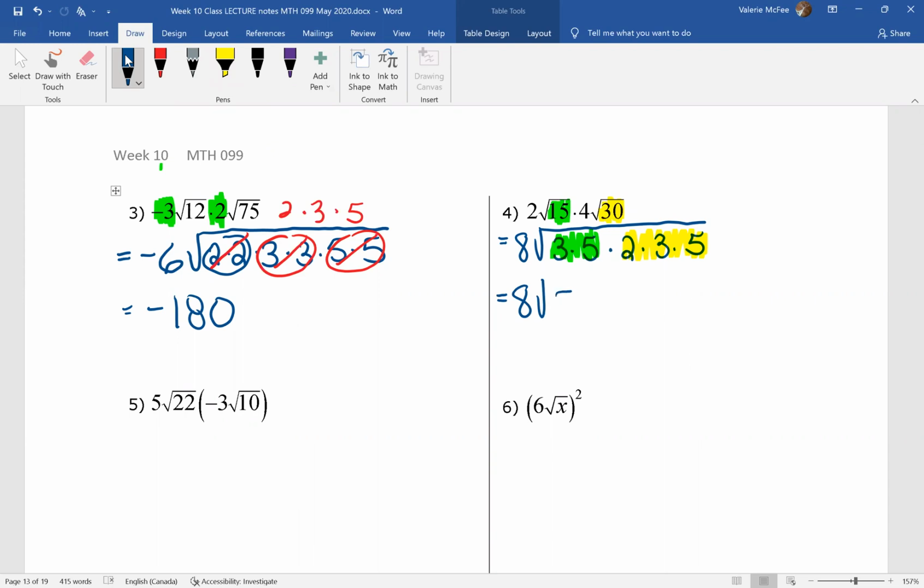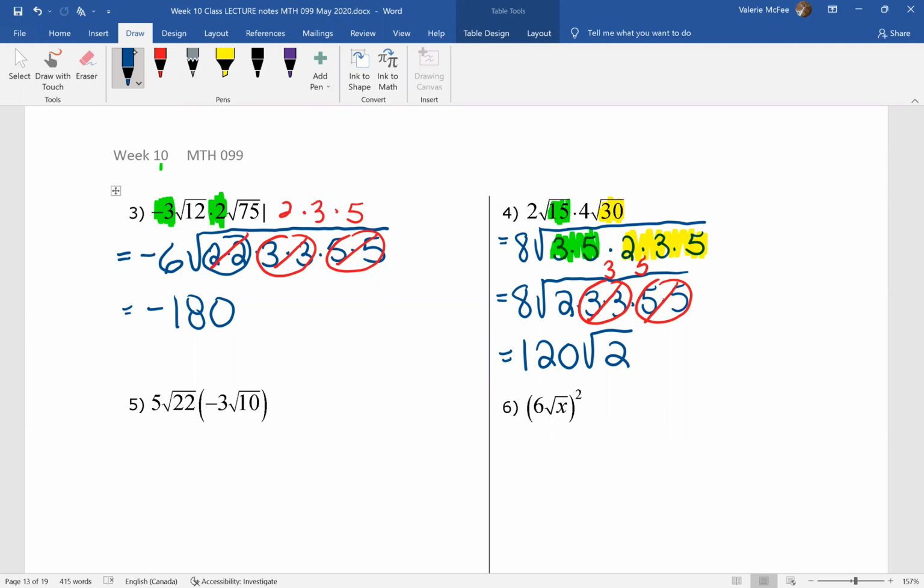So there's 1, 2, 2 3s, and 2 5s. Now I can clearly see I have 2 factors of 3 I can take out, 2 factors of 5 I can take out. 8 times 5 is 40, times 3, 120, leaving the square root of 2.